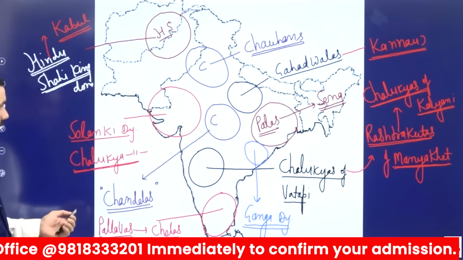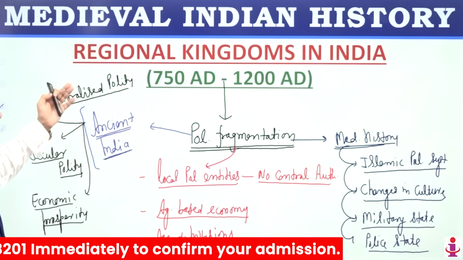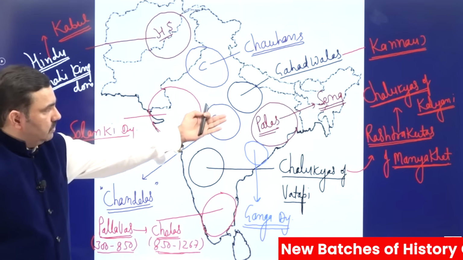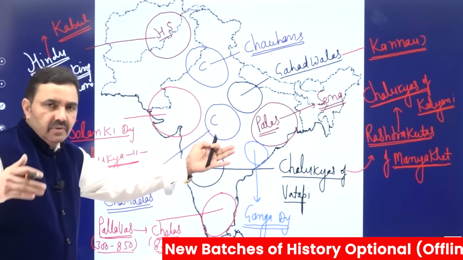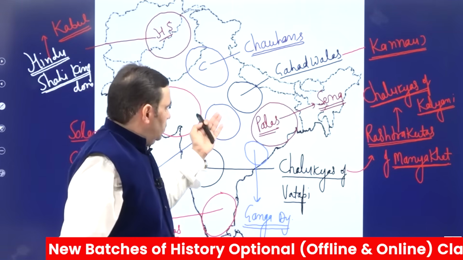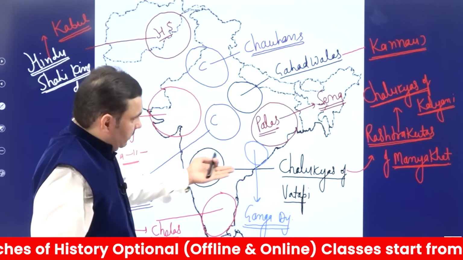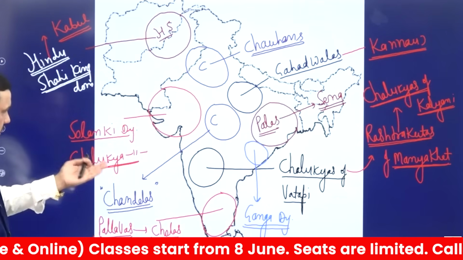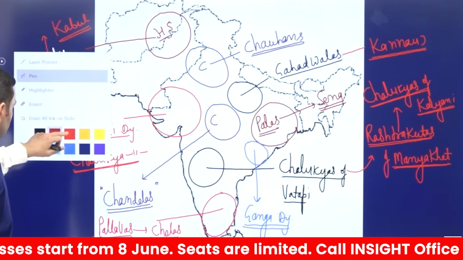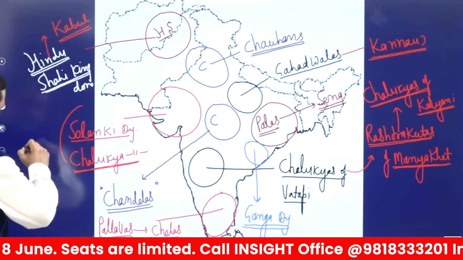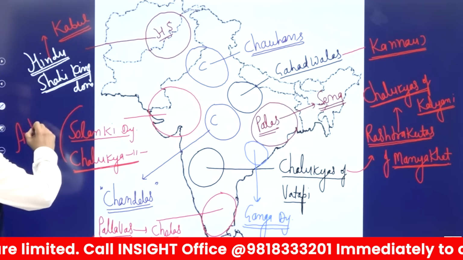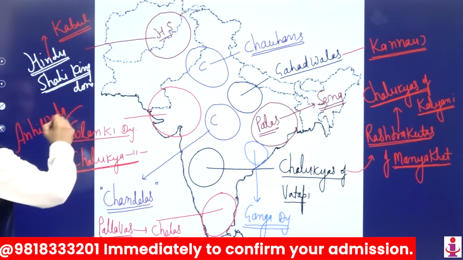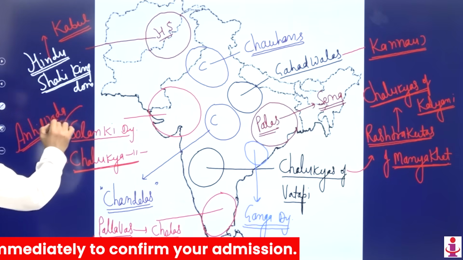What were these regional kingdoms? Hindu Shahi kingdom, Chauhans of Delhi, Ajmer, Gahadwalas of Kannauj, Palas of Bengal, Bihar, then followed by Senas of Bengal, Bihar, Chalukyas of Vatapi, followed by Rashtrakutas, then Chalukyas of Kalyani, Solankis of Gujarat or Chalukyas of Gujarat, their capital was Anhilwada, or Anhilwad at times.